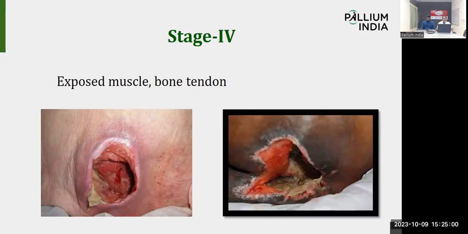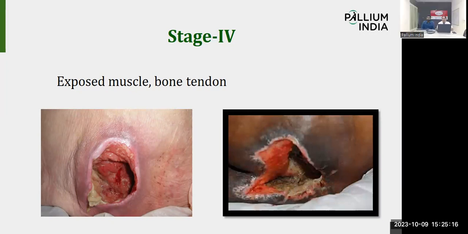So stage 4, one more image is there. You would have seen this kind of pressure sores. Have you seen the images which show stage 4? No, ma'am.